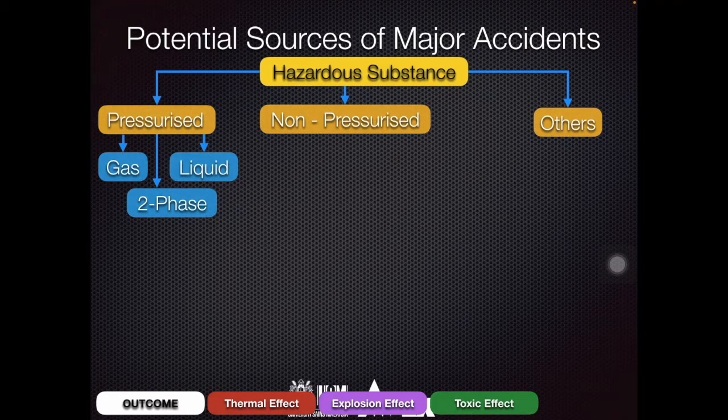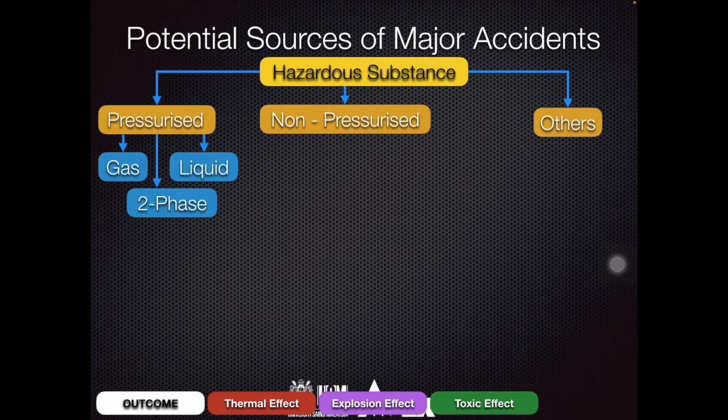In a pressurized situation, a hazardous substance can be in two phases, a gas phase or a liquid phase, but there is the possibility that this hazardous substance is in both phases, which is gas and liquid.